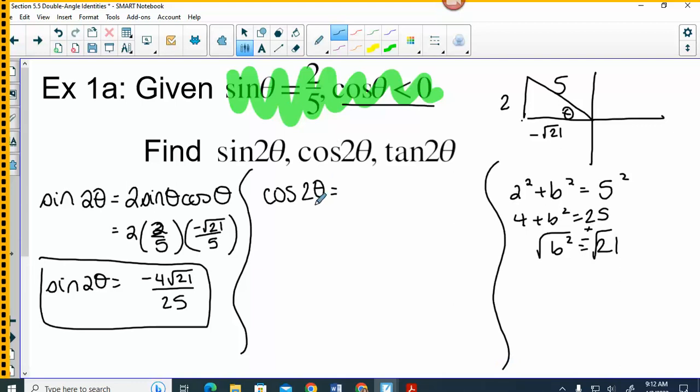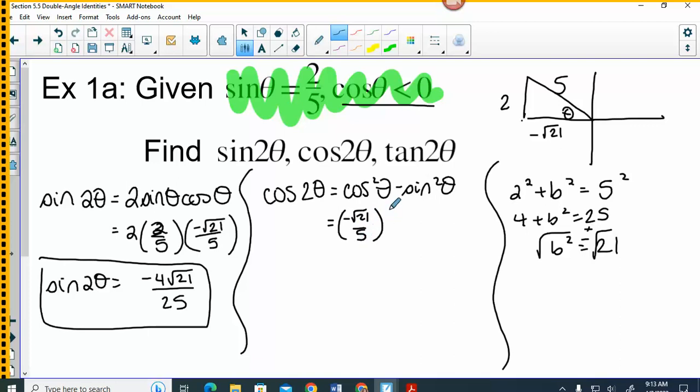Cosine squared theta minus sine squared theta. So this is cosine of theta. From my triangle, adjacent over hypotenuse, that's negative radical 21 over 5, squared. Minus sine, opposite over hypotenuse, or it was given, that was a positive 2/5, squared.